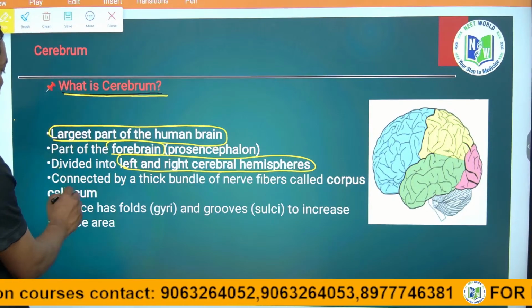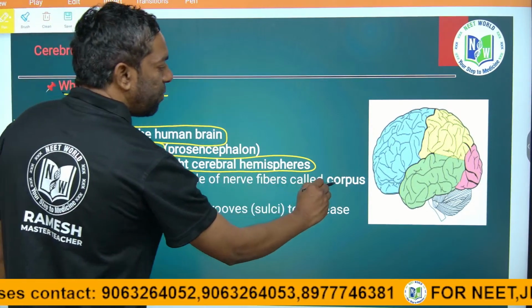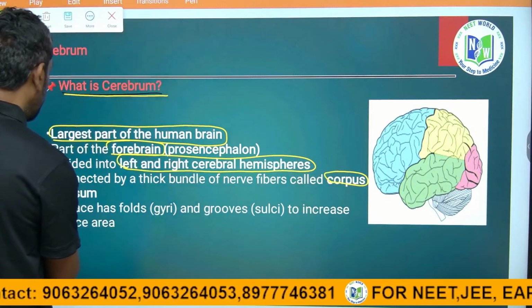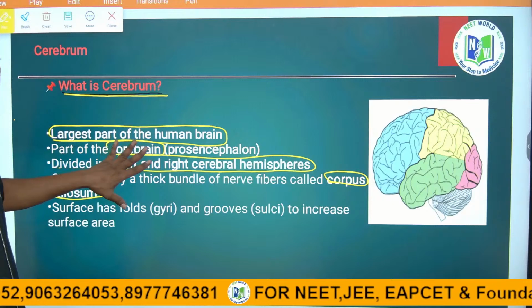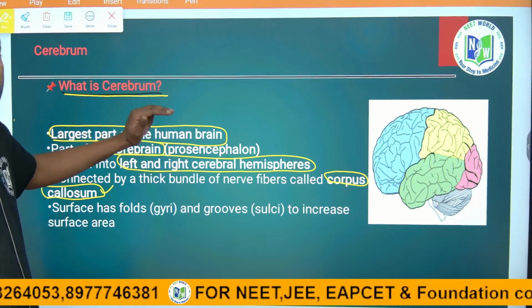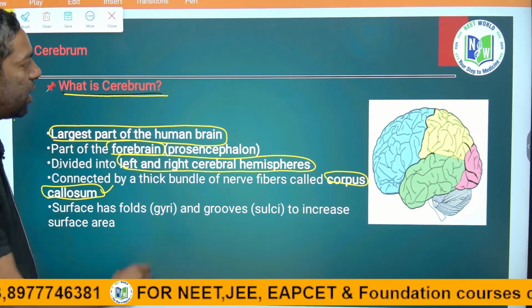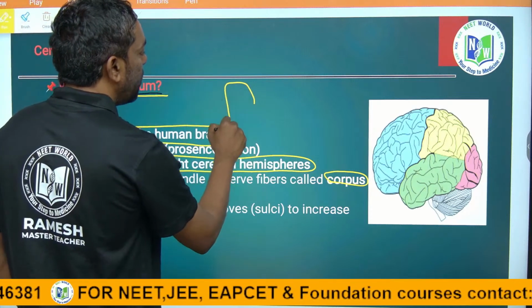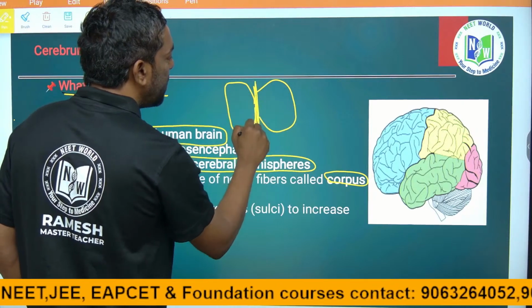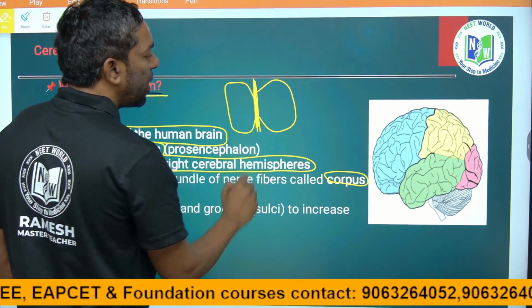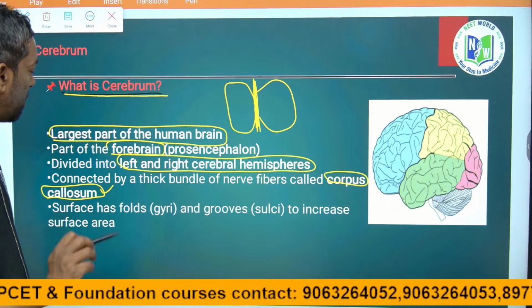The hemispheres are divided by a thick axon nerve bundle we call the corpus callosum. If this is one lobe, this is the other lobe, divided by the axon bundle, the corpus callosum.